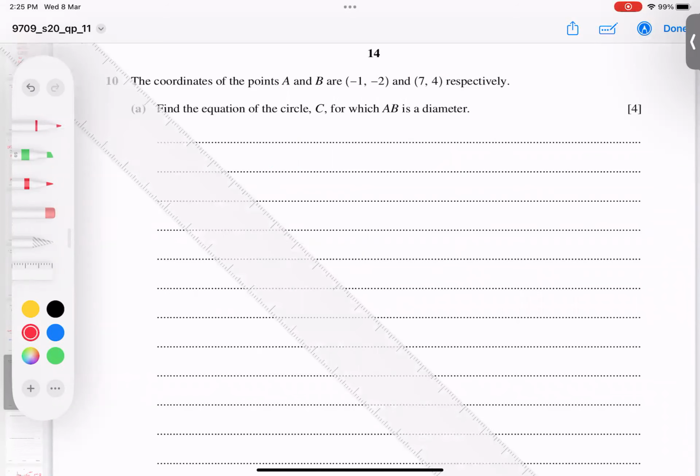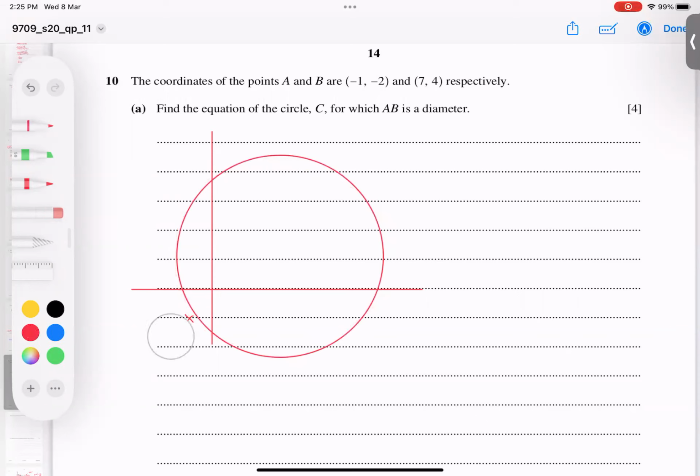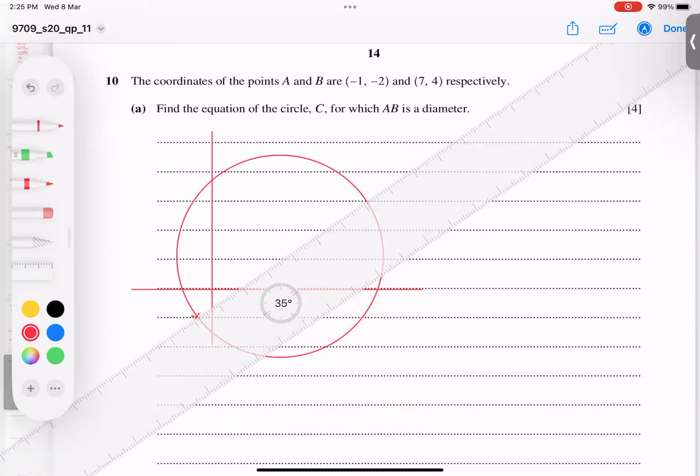I will first take this diagram, because the diagram is very, very important. I take some rough points here, and I take a diameter here.